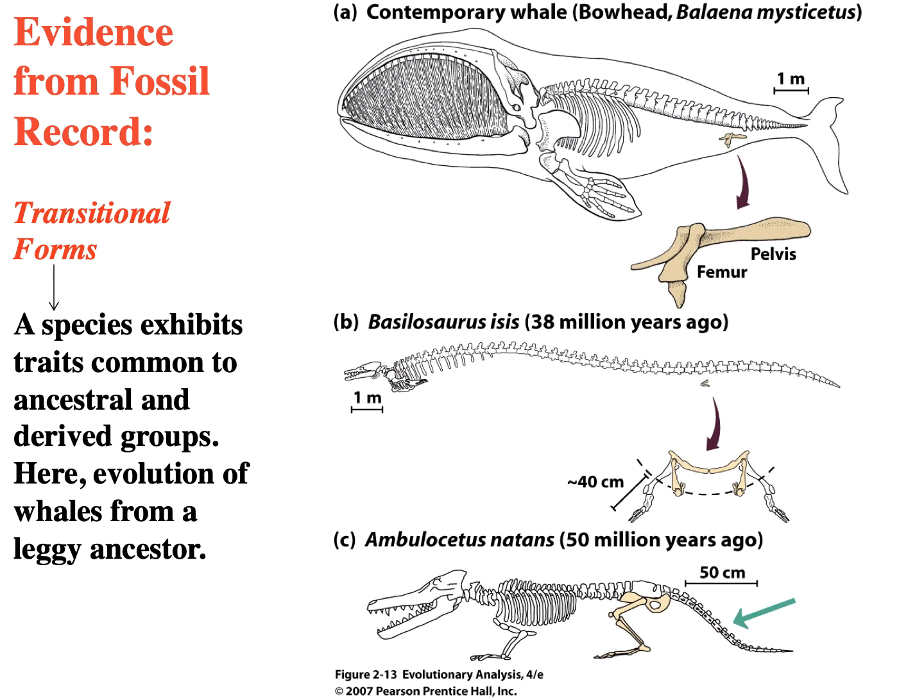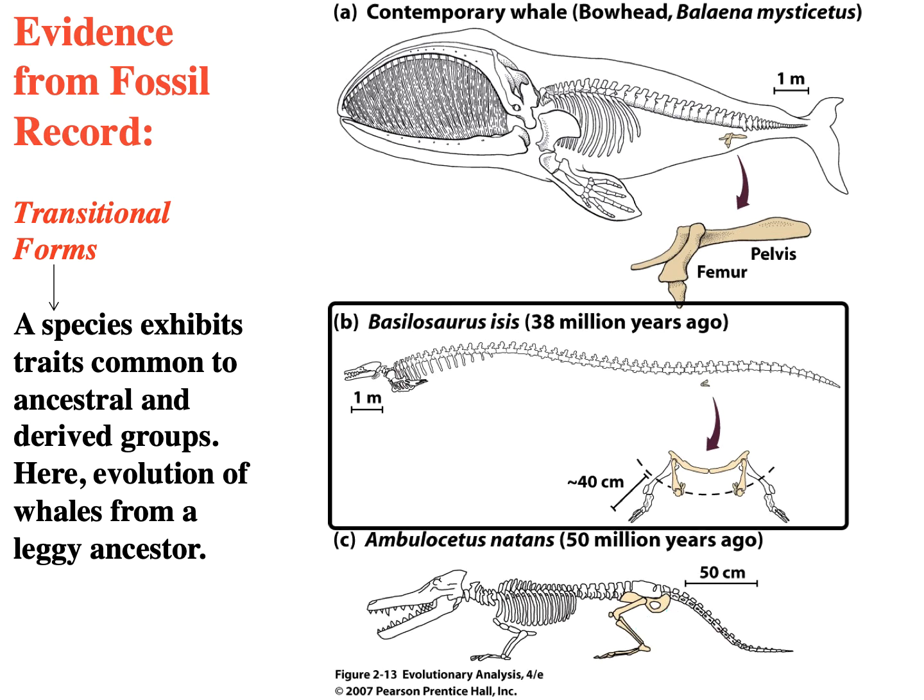And again, the tail is partly for balance, and a femur and pelvis that were articulated so that the animal could walk on land. About 38 million years ago, that organism, one of the descendants, started living primarily in the water. There was a change in the structure of the femur and the pelvis, such that it didn't need legs to propel itself on land, but instead it had vestiges of legs at that time.